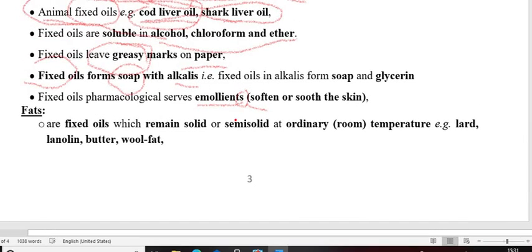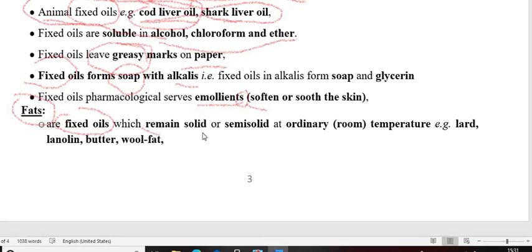Another property concerns fat. Fat is also a fixed oil, which remains solid or semi-solid at room temperature.